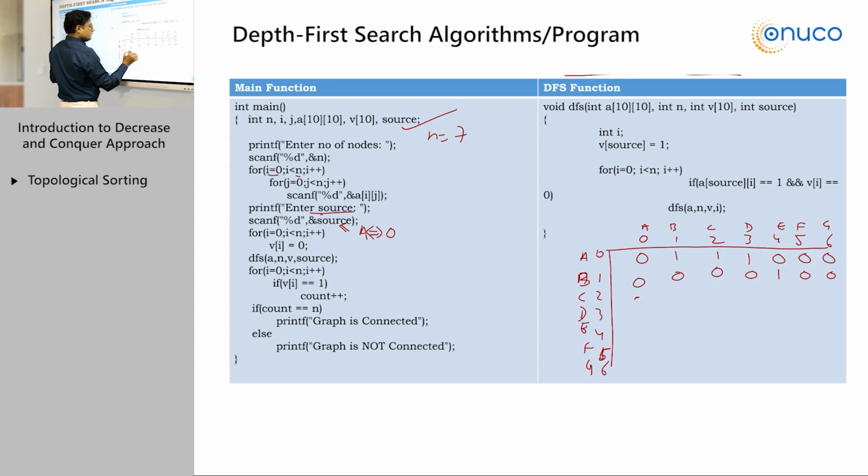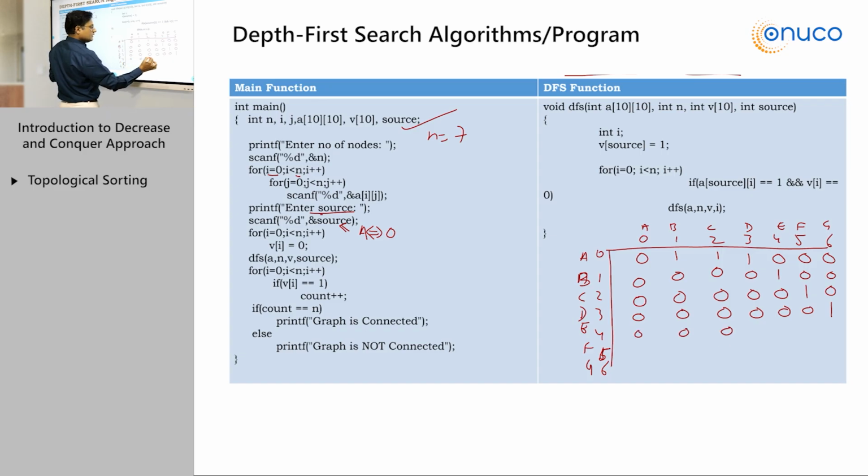Similarly, C to A, no. C to B, no. C to C, no. C to D, no. C to E, no. C to F, yes. C to G, no. From D, D to A, no. D to B, D to C, no. D to D, no. D to E, D to F, D to G. E to all the vertices?